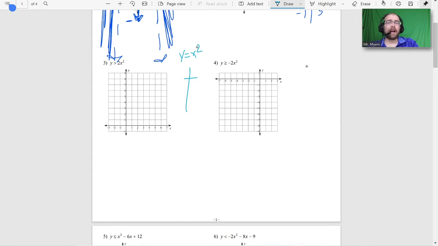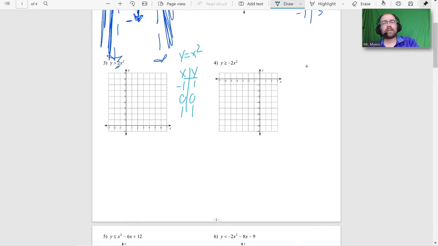So the OG parabola, y equals x squared, looks like this. It would be negative 1, 1, 0, 0, 1, 1. Pretty straightforward. So if you know those are the OG points, then you can just alter the points based on the transformation.